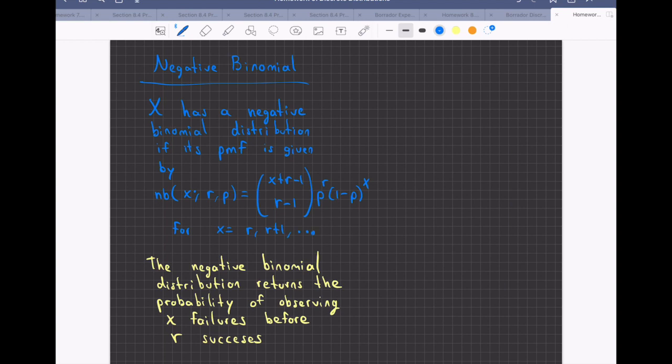Well, this distribution gives you the probability of observing x failures before r successes when you are performing an experiment that is modeled by a binomial distribution.